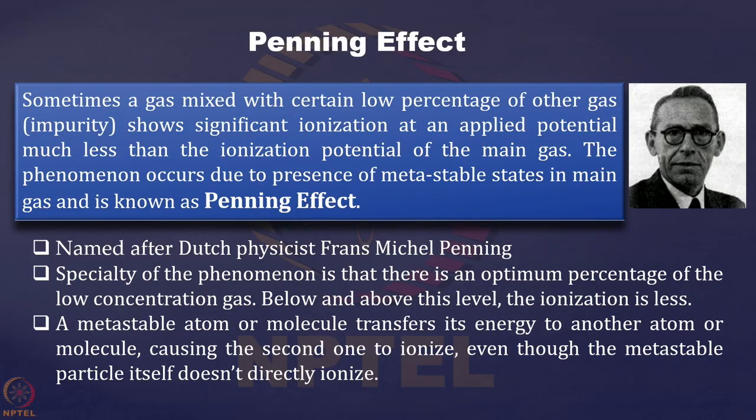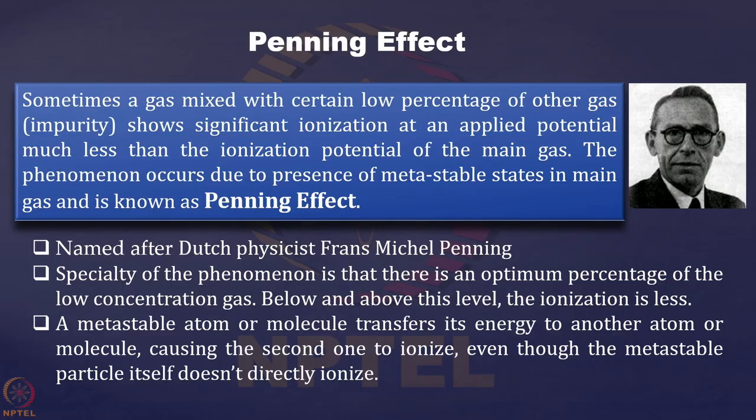Below and above that concentration level, the ionization is not that high. A metastable state of the atoms or molecules transfers its energy to another atom or molecule, causing the second one to ionize, even though the metastable particle itself doesn't directly ionize.